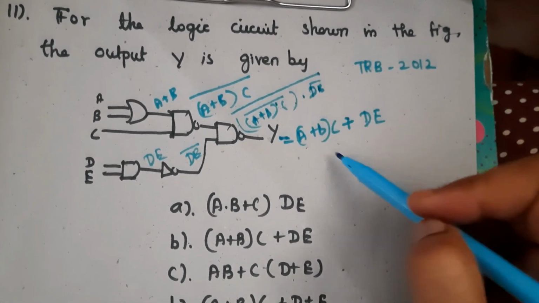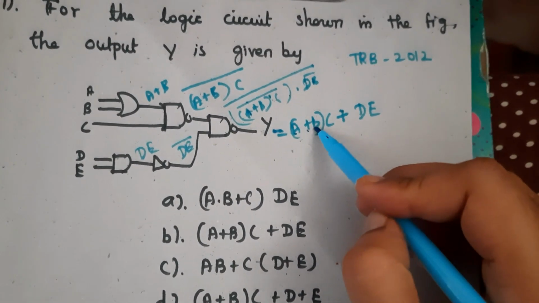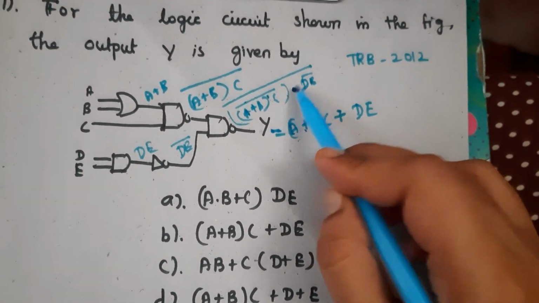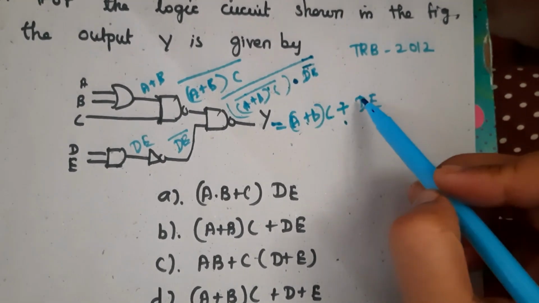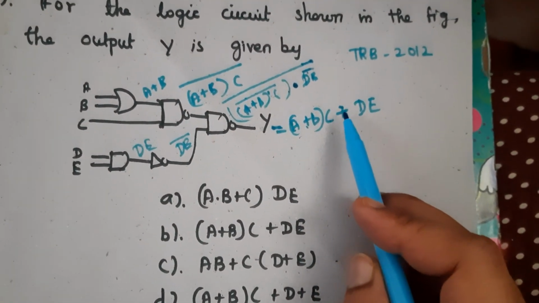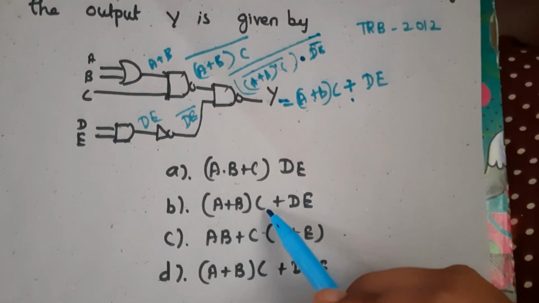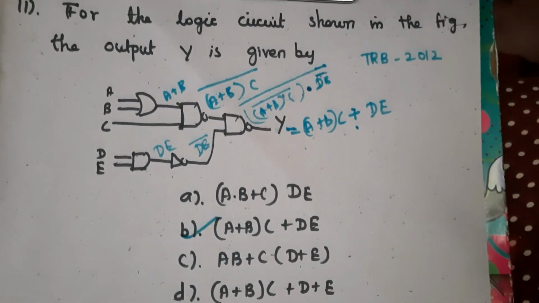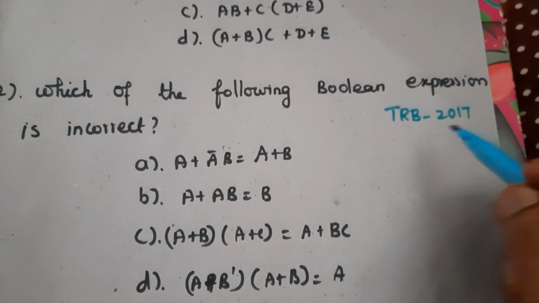So solving this, the bar gets cancelled, so A plus B, and this AND becomes OR here, and DE bar the whole bar becomes DE. So here the answer is A plus B into C plus DE. B is the answer.